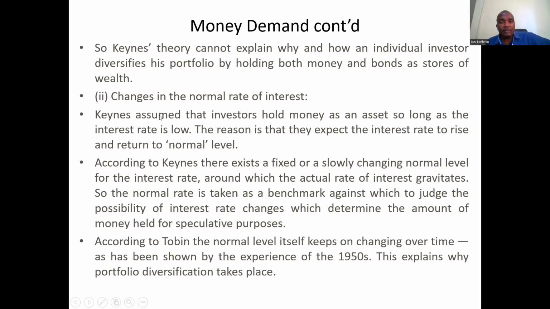And then when you look at changes in the nominal interest rate, Keynes assumed that investors hold money as an asset so long as the interest rate is low. That is, the price of a financial asset or a bond is high. The reason is that they expect the interest rate to rise and return to the normal level.